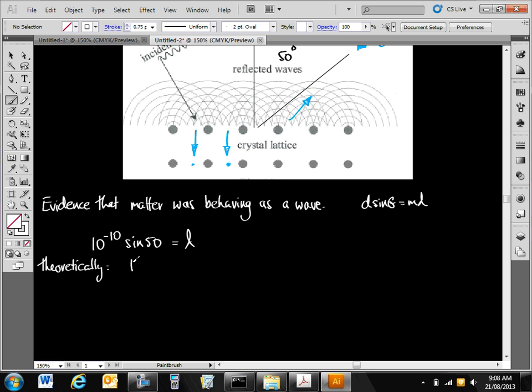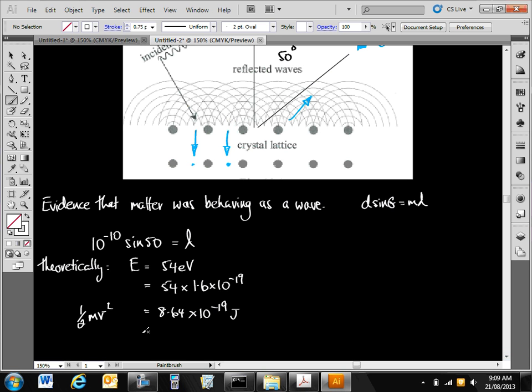We know the energy equals 54 eV. Change that to joules, of course: 54 multiplied by the electron charge is 8.64 by 10 to the minus 19 joules. Of course, that is equal to half mv squared also.